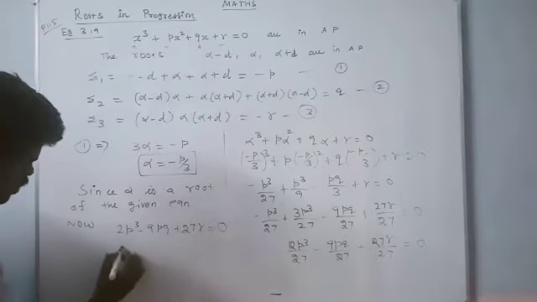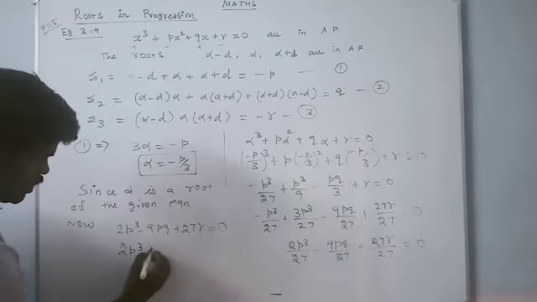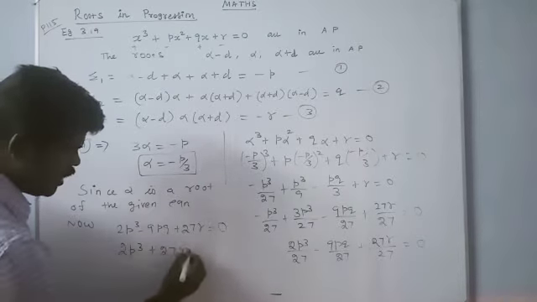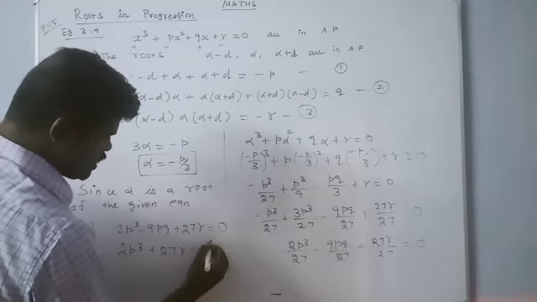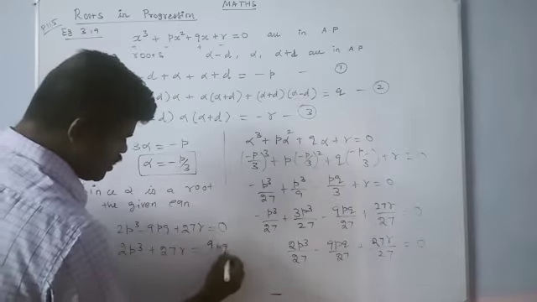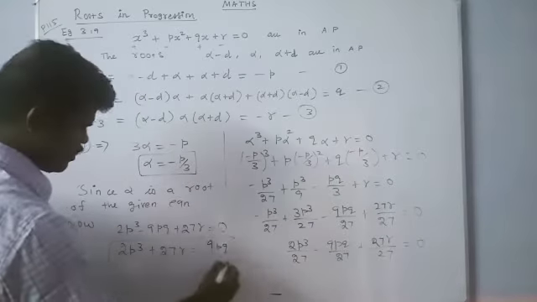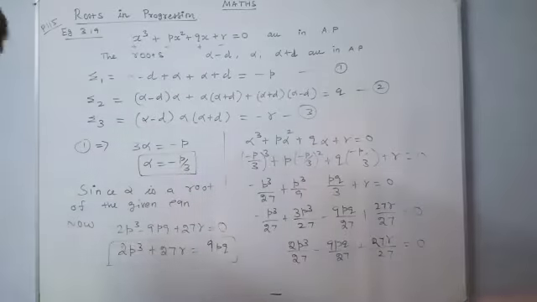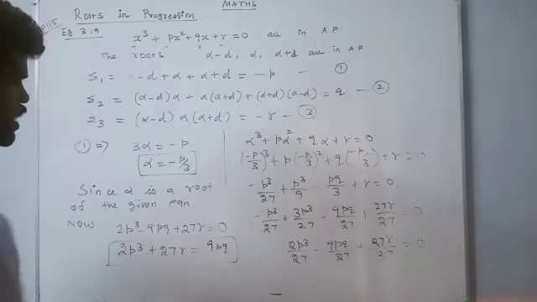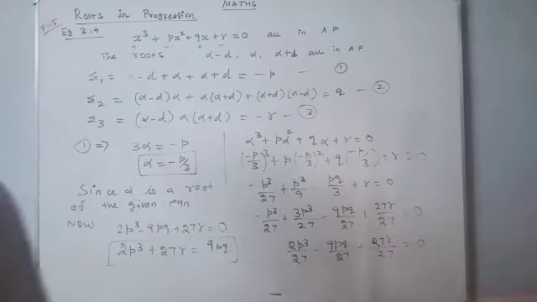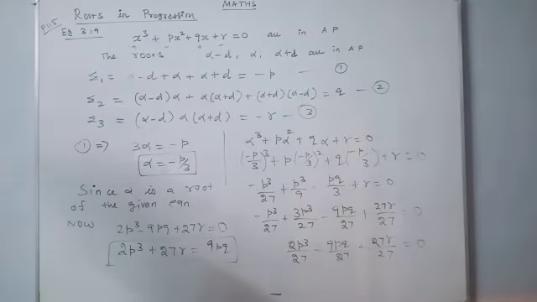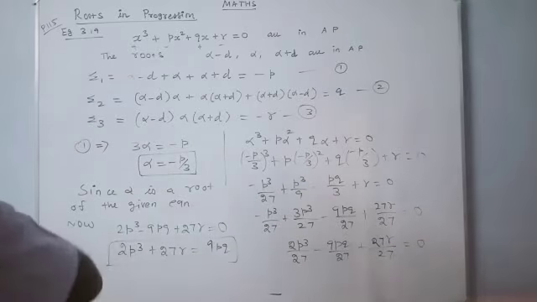Now 2p cube plus 27r is equal to 9pq, with 9pq coming to this side, which is the required condition. 2p cube plus 27r is equal to 9pq. Refer to this sum. This is the answer of this sum. Now we will go to the next sum.